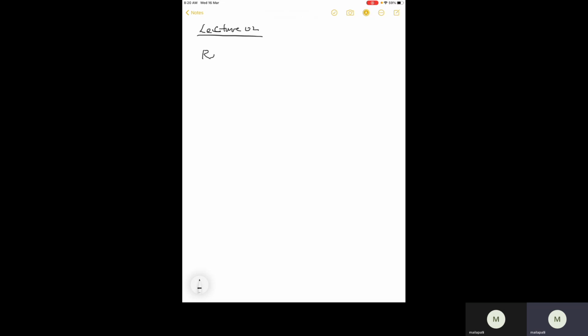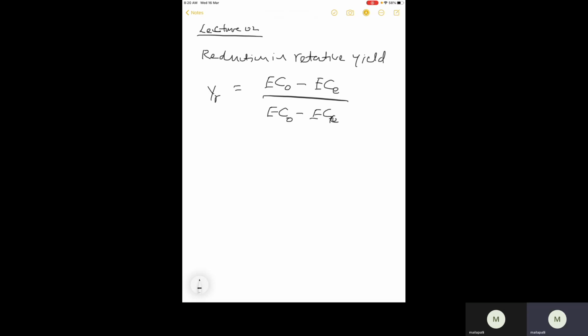So we discuss the reduction in relative yield. That is, let's say, YR, which is equal to EC0 minus ECE divided by EC0 minus ECT, where ECT is the threshold EC, into 100.